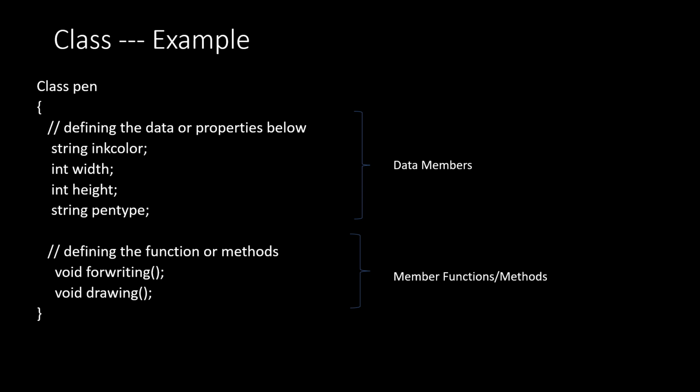It can run, it can jump, so we call the member functions or methods the activities. We can define a class like this in the OOPS concept. This is one of the concepts of object oriented programming.